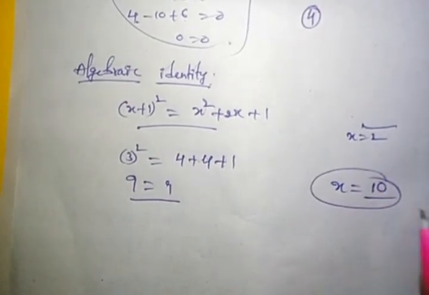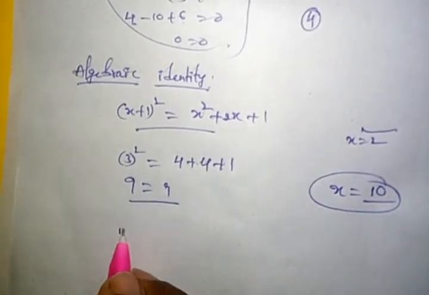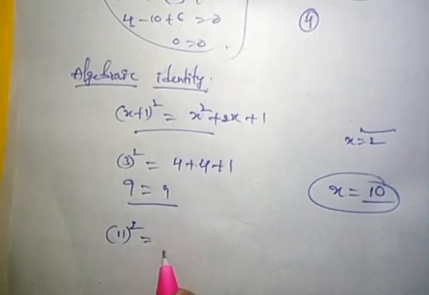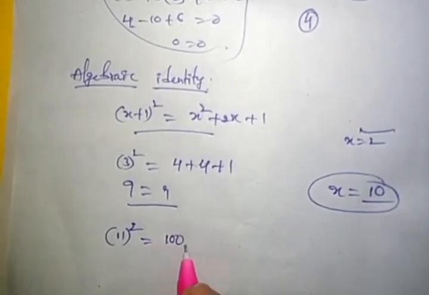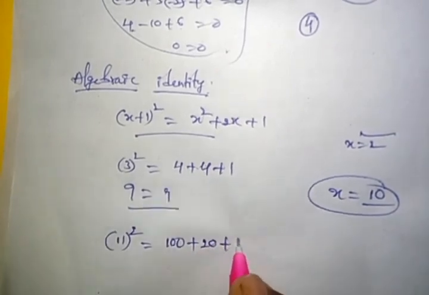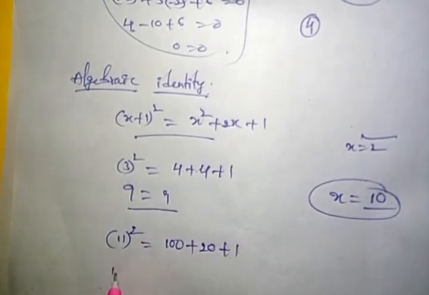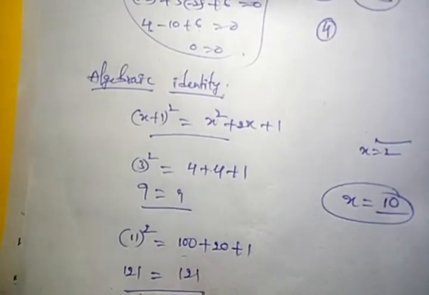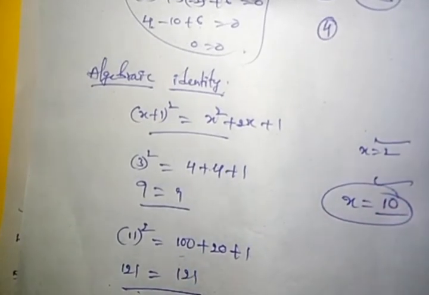Now I am taking x equal to 10. If you substitute 10 in this equation, 10 plus 1, 11 square, that is 10 square 100, 2 into 10, 20, plus 1, 11 elevens are 121, so that is 100 plus 20 plus 1, 121. So in this case also it is true for the value x equal to 10.